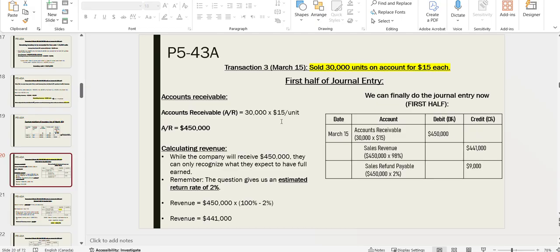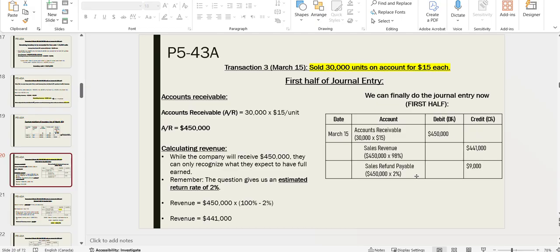But because we have a 2% return rate, we need to consider 98% of our sale as our sales revenue, and the remaining amount, which is 2% of our revenue, is sales refund payable, which is a liability. It is on the credit side.